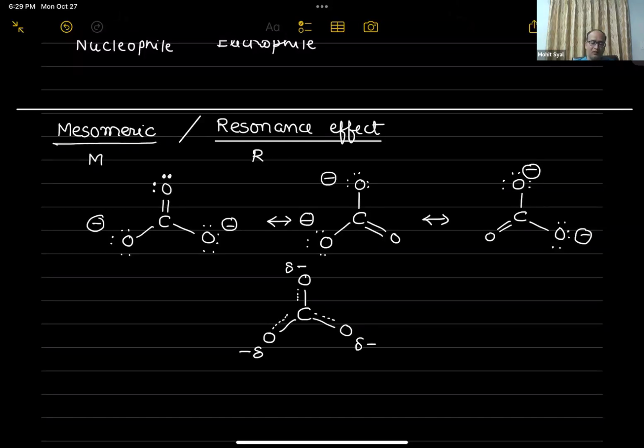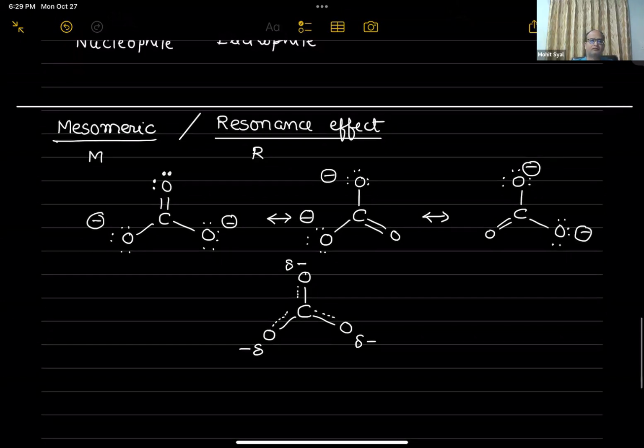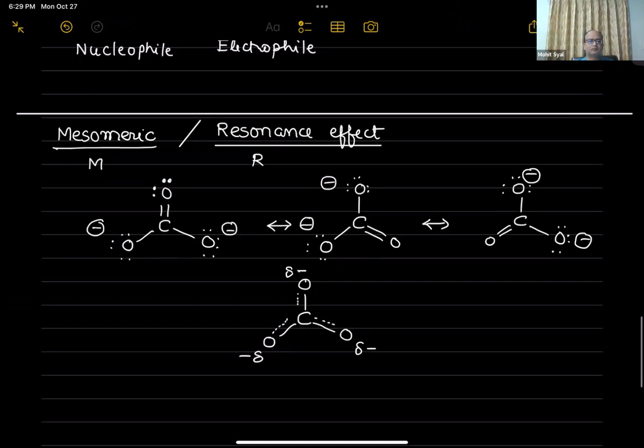And what does this dotted line represent? What do these double lines represent, first of all, tell me. Double bond. Yes. And a single line is a single bond.